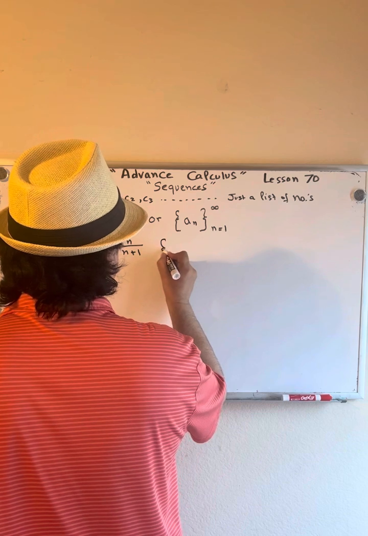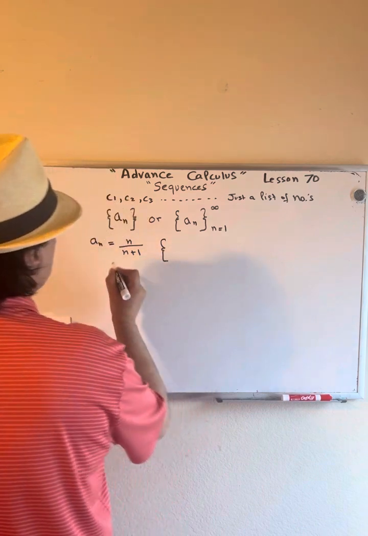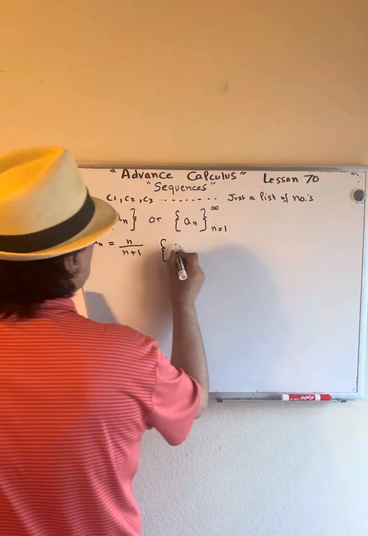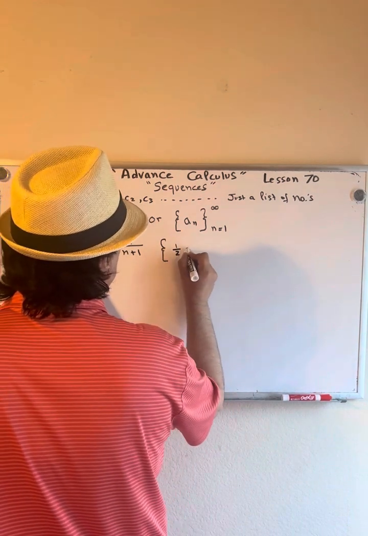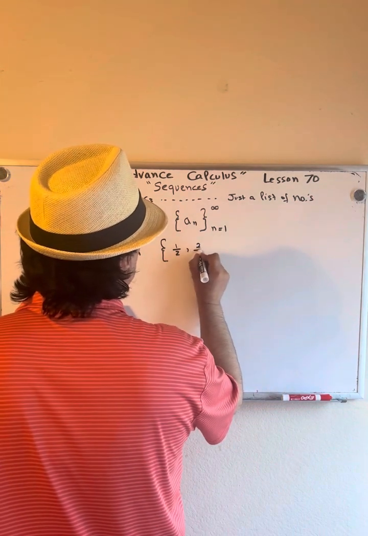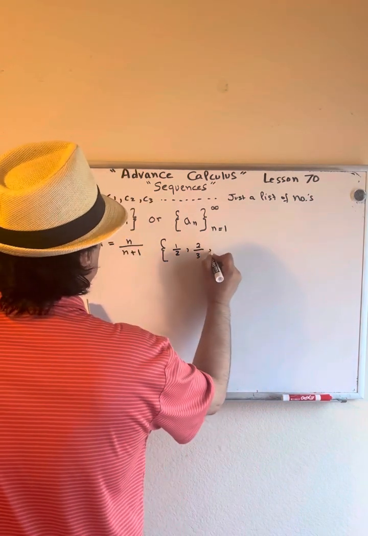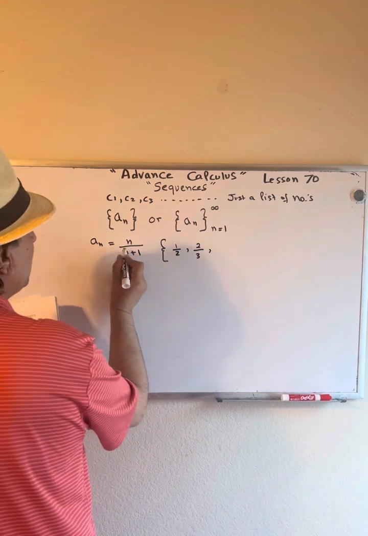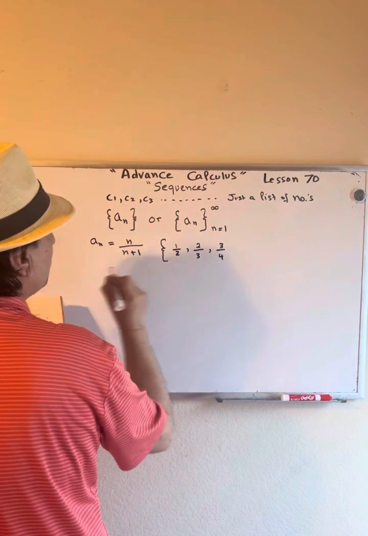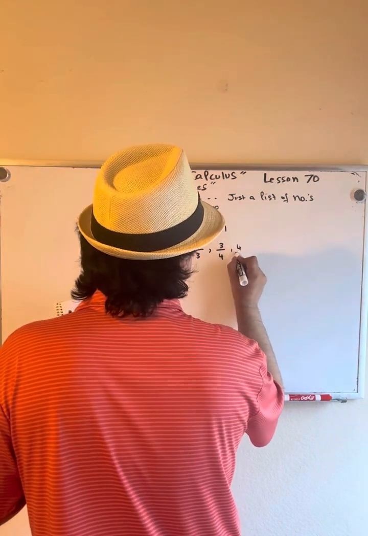I draw the curly bracket. When n is equal to 1, this is going to be 1 over 2. When n is equal to 2, this is going to be 2 over 3. When n is equal to 3, this is going to be 3 over 4. When n is equal to 4, this is going to be 4 over 5.